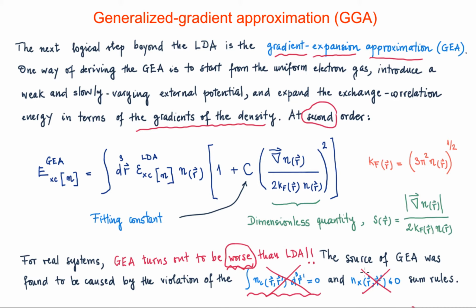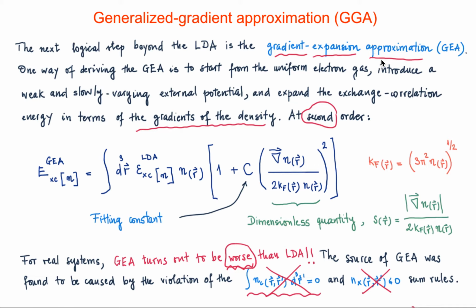So these sum rules are not satisfied by this expansion. This expansion is made without considering the sum rules. So that's why this gradient expansion approximation was not successful.